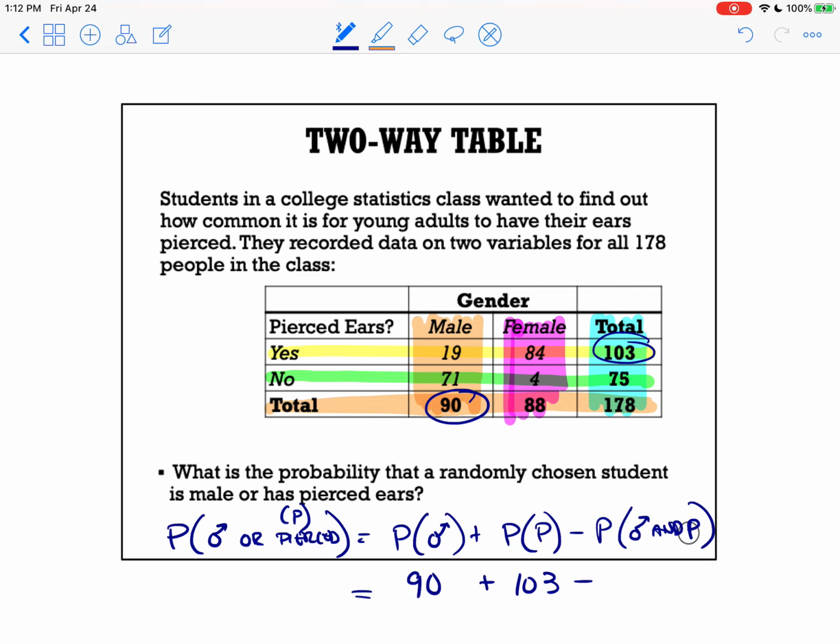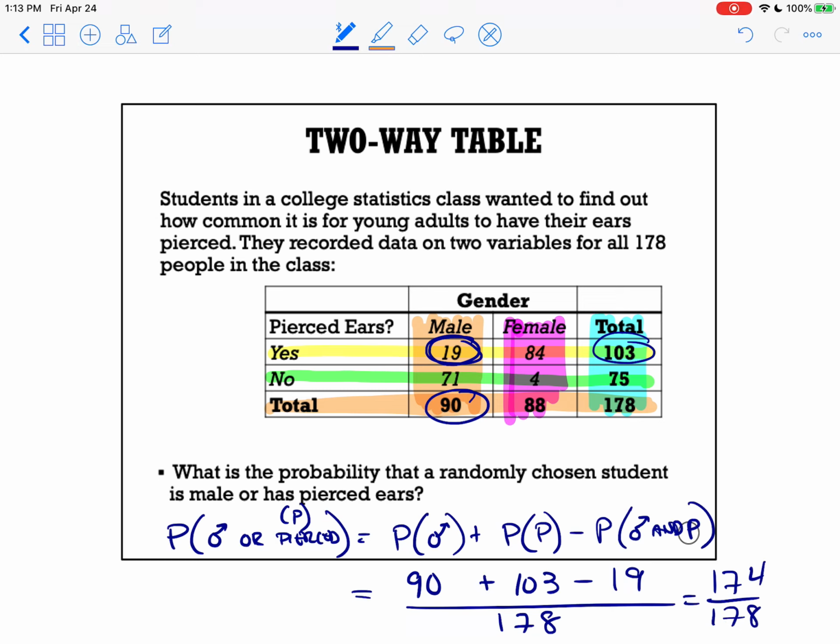But I did count males that have their ears pierced twice here, so I have to subtract out the 19 students who are male and have their ears pierced. And that's going to be divided by the total number of students. I had 178 different students I could have chosen from. I randomly chose a student from that group. So that's 193, which would be bigger than 178. But when we minus the 19, that gives me 174 out of the 178.